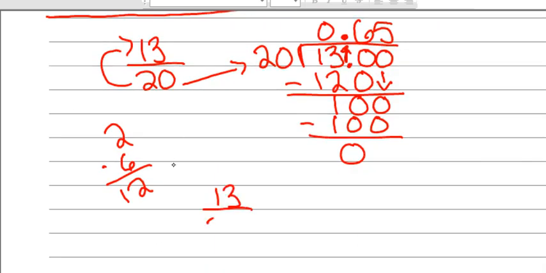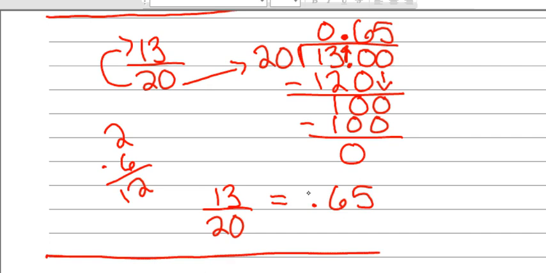So the fraction 13 over 20 as a decimal is 0.65. So that's all there is to that first part of 5-3. You're just doing long division, just like you did in 5-2 part A.